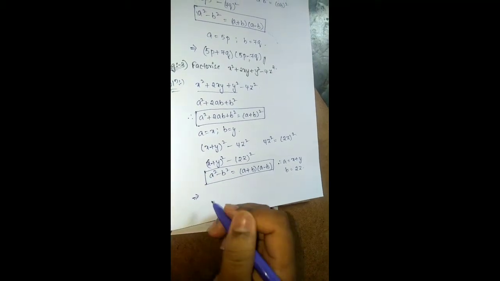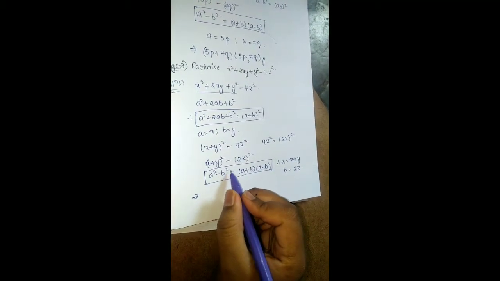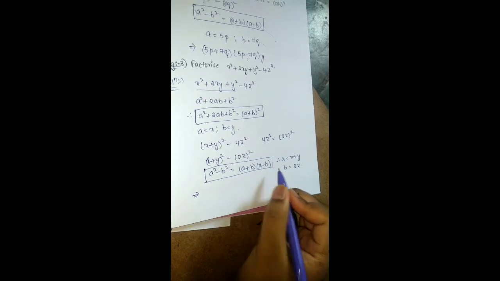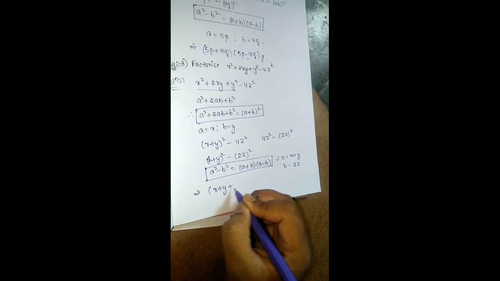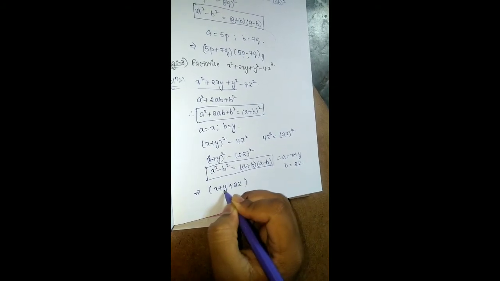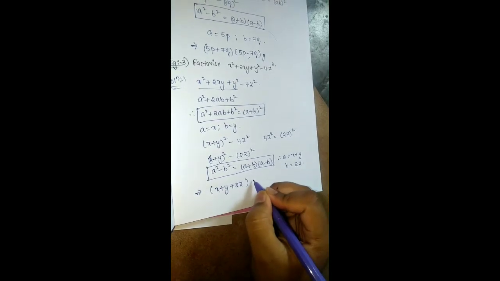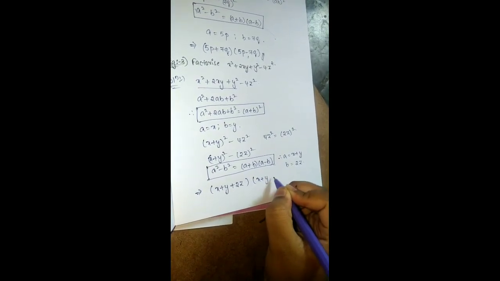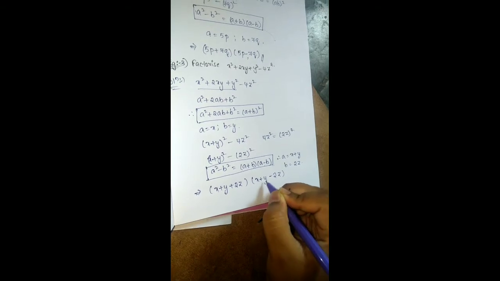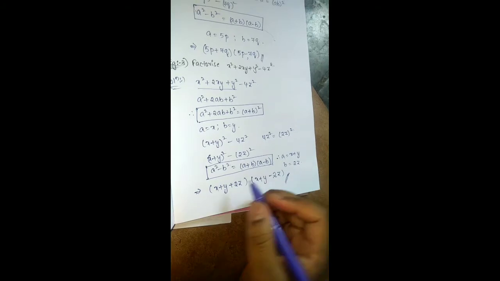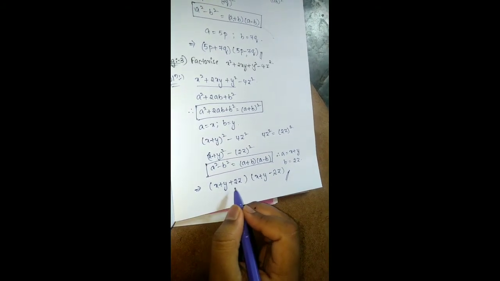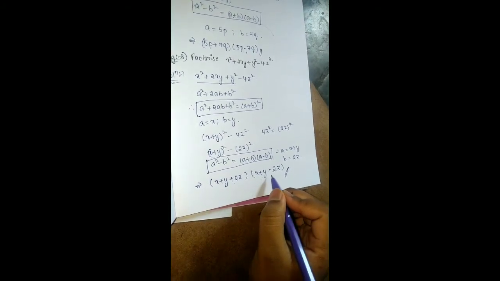Then a plus b means (x plus y plus 2z), into (x plus y minus 2z), which is a minus b. So this is our final answer: (x plus y plus 2z) into (x plus y minus 2z). These two are the factors of this expression.